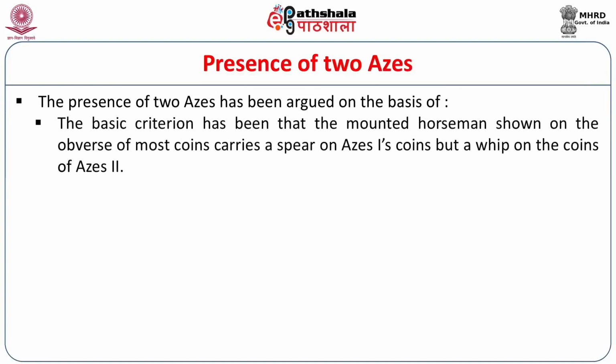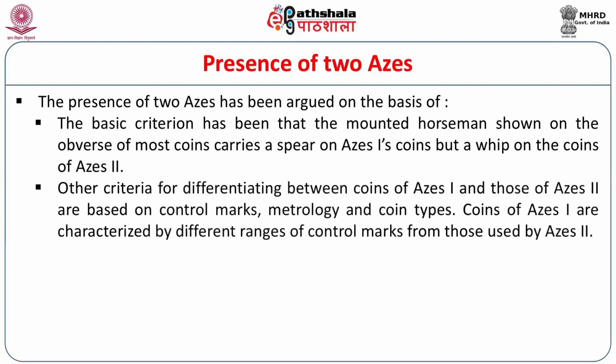Number one, the basic criterion has been that the mounted horseman shown on the obverse of most of the coins of Azes I carries a spear, while coins of Azes II carry a whip. Secondly, another criterion for differentiating between coins of Azes I and Azes II is based on control marks, metrology and coin types.